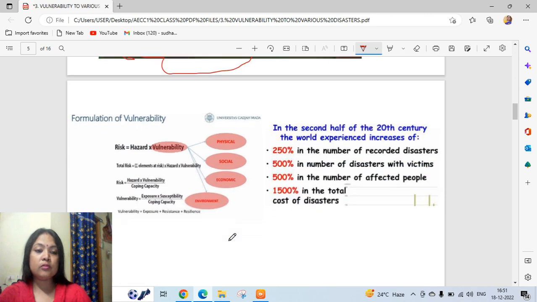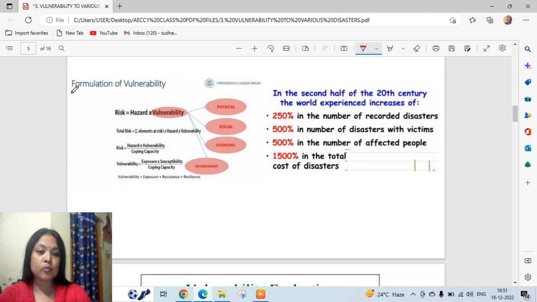Okay, so now there is a formula to assess vulnerability. Risk is equal to hazard into vulnerability. Then how can we calculate the vulnerability? It is a simple calculation.